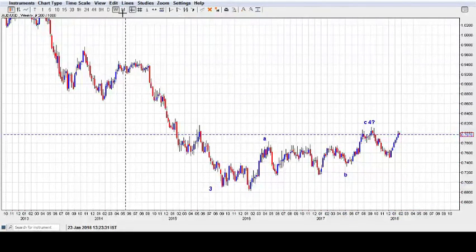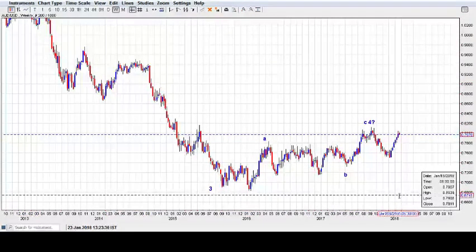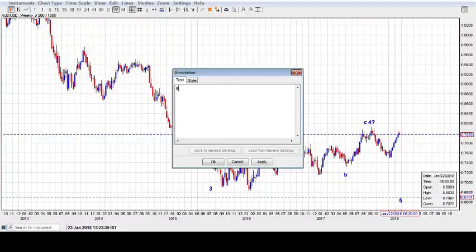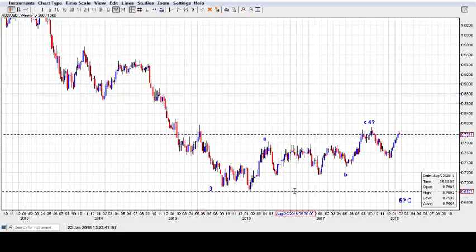So the fifth wave should go all the way lower. That should be a capital C, somewhere around the 66 or maybe just below the 68 handle. That could be the termination point of the Australian dollar.